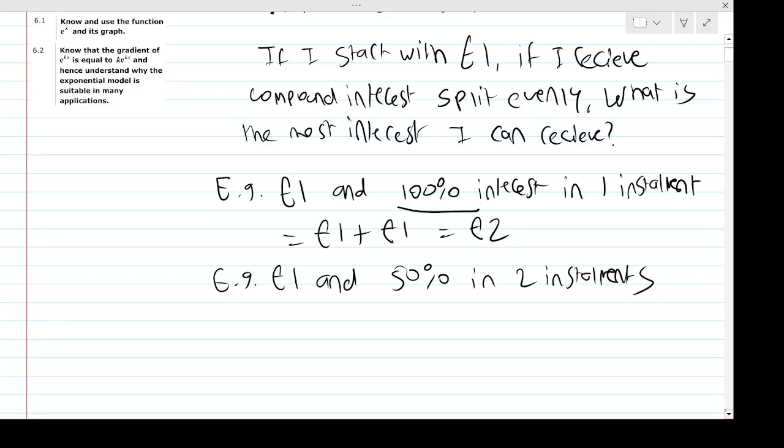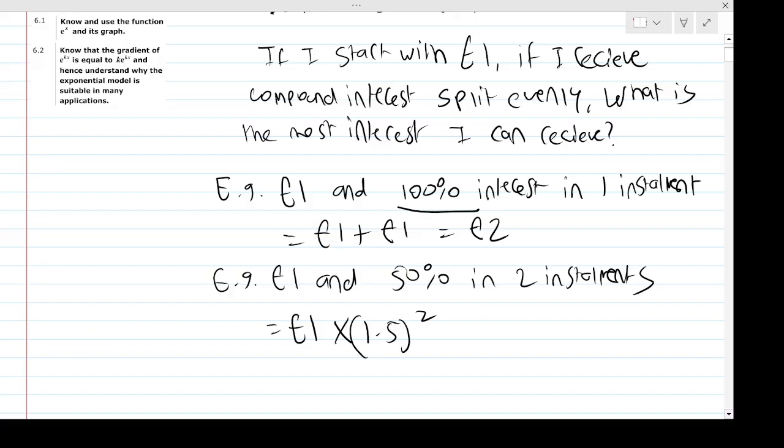That'd be £1 times 1.5, which is my multiplier because it represents 50% more. But I need to square it because it's twice, I'm getting 50% on top of it twice.